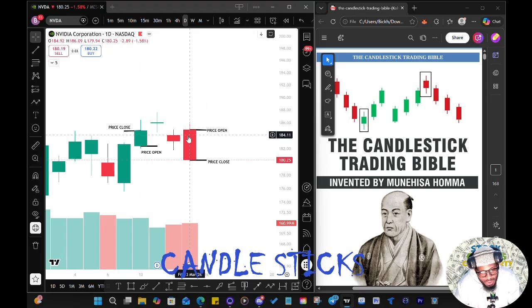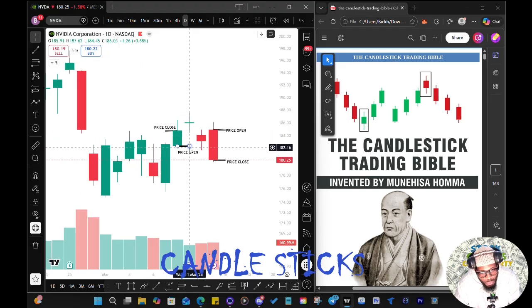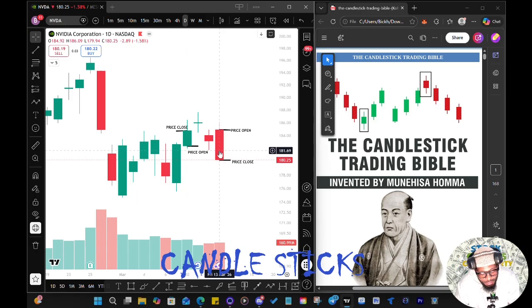So sellers won price movement in Nvidia on Friday, March 13th. That's what this candle shows me. The wicks are important. Wicks tell you buyers were there, sellers didn't allow it to go past that level. Wicks also tell you sellers were there, buyers bought back up at that level. Wicks and bodies tell you this.